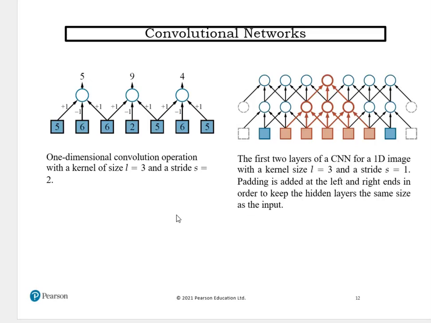For small kernels, we typically use stride s equal to 1. This way, there is no need for padding. We can just keep shifting the kernel by 1 pixel every time.